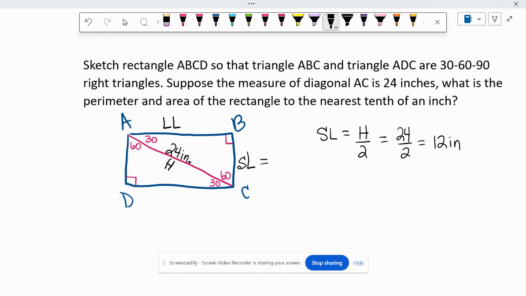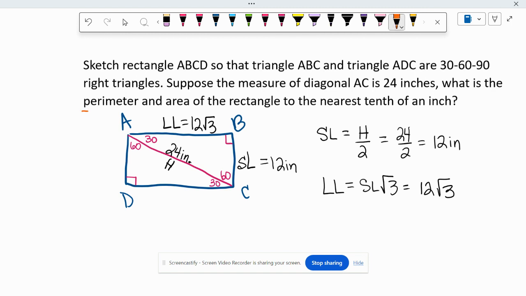So this side is 12 inches. So my long leg is 12 times the square root of 3.